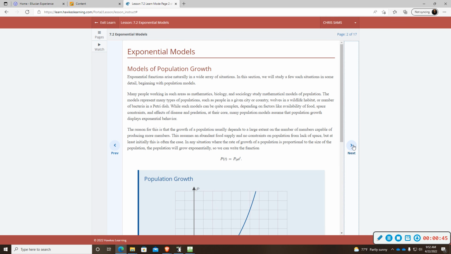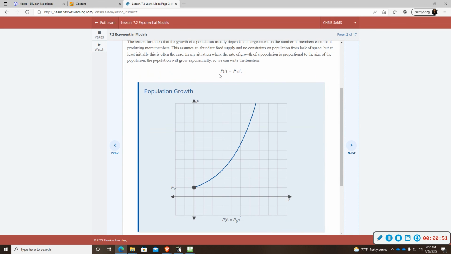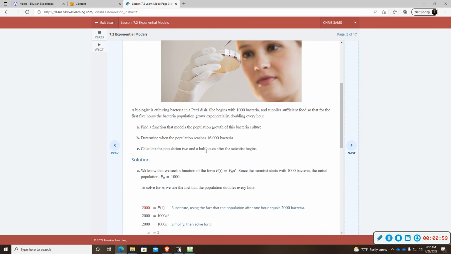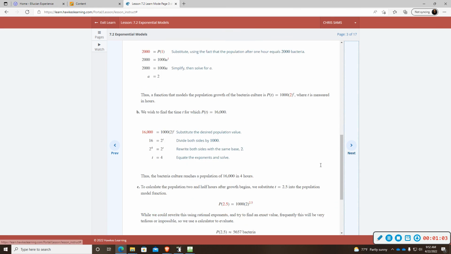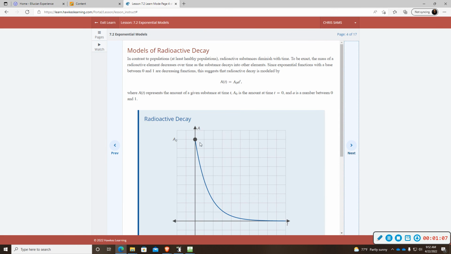this section. So we talked a little bit about growth and what the graphs look like in the previous section, but here is a model of growth. You can see it's going through that point 0, 1, and then here's some examples. So just plugging in some points for you. And then here's a model of decay, what decay looks like.